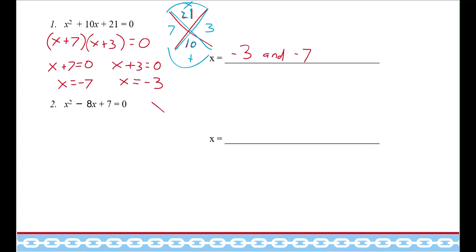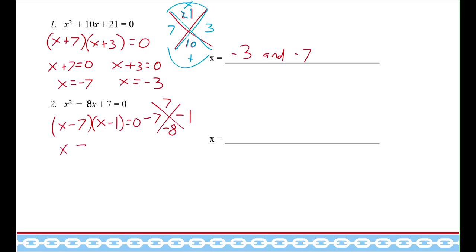For number 2, what multiplies to 7 adds to -8? So I would need to use a double negative factor pair so that I can get the negative b value. So x minus 7 times x minus 1 equals 0.